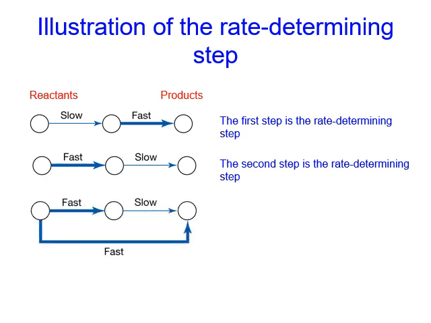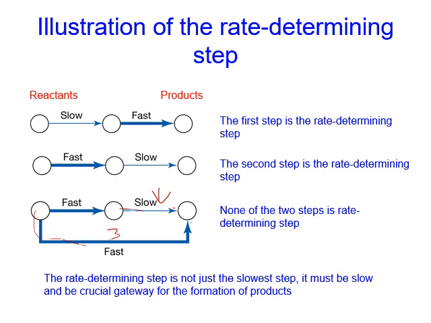Now in this case, even though the second step is slow, the product does not have to go through the second step. It can go another route, the third route. Therefore, in this case, there's no rate determining step. The rate determining step is not just the slowest step. It must be slow and be a crucial gateway for the formation of the product.